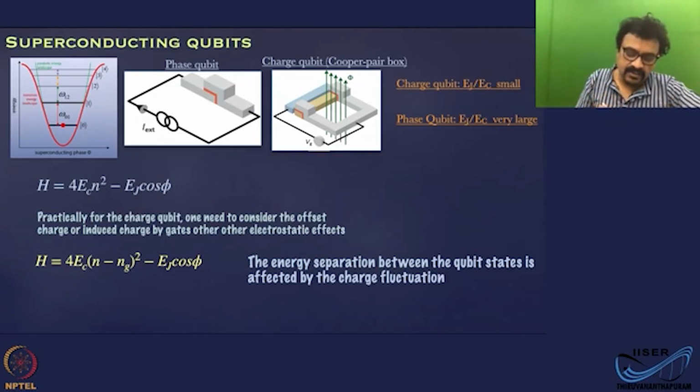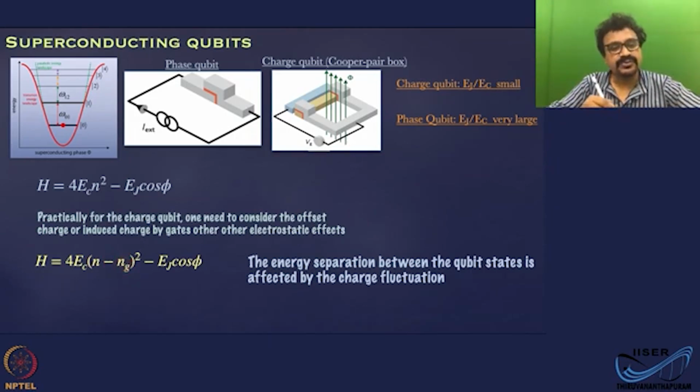These you call offset charge, and that also contributes. So you have a discrete charge n, and a varying charge Ng because of various electrostatic effects. The total charge is the sum of these two, so you replace n by n minus Ng. When you do that, this will be the final Hamiltonian.